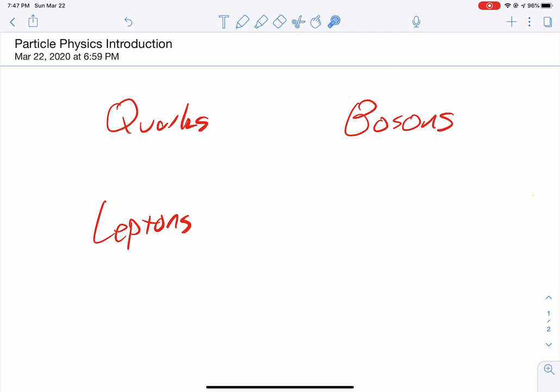So anytime there's a force happening, there is a boson moving from one thing to another. For example, the graviton is going from the sun to the earth. It is transferring that force to the earth, pulling the earth towards the sun as we orbit. Photons would be an example of bosons as well. So we sort of separate these out because they behave a little differently.